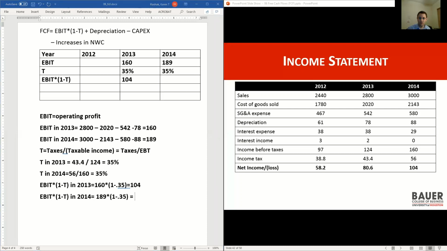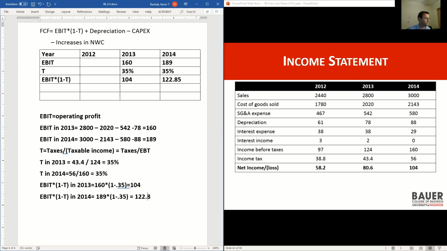So that brings us to 122.85 in our NOPLAT. That was the kind of odd word for EBIT times 1 minus T, or net operating profit less adjusted taxes. Okay, so we got that taken care of.